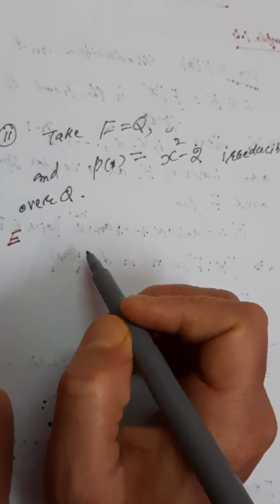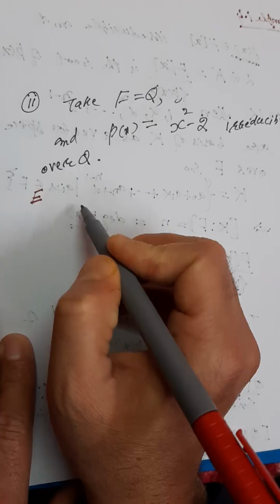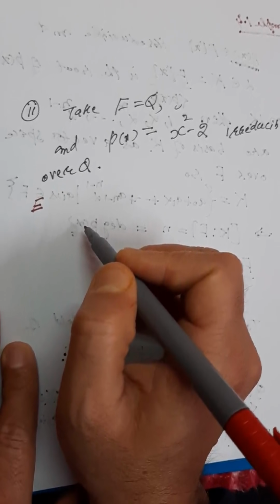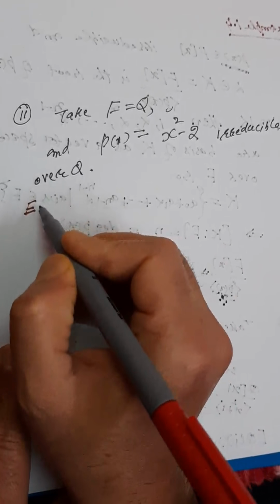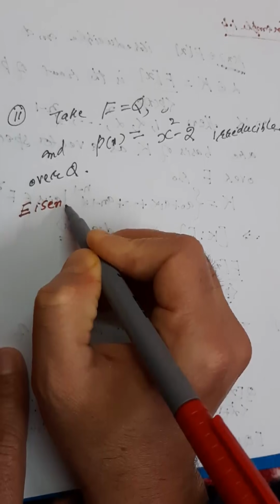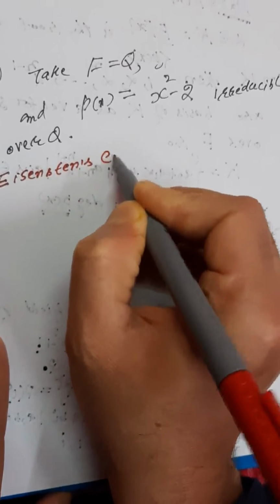It is also true in general in any integral domain, but here I would just mention its statement when the polynomial is chosen with integer coefficients. So, Eisenstein's criterion.